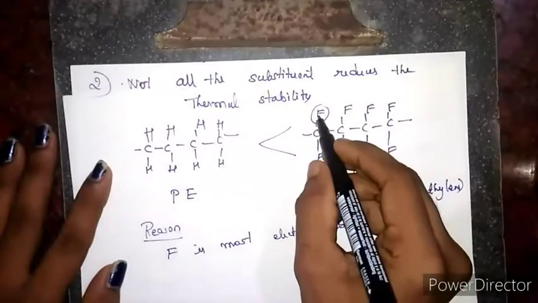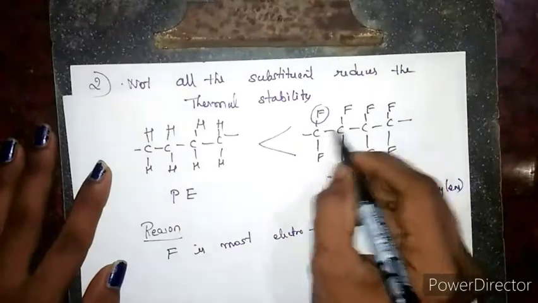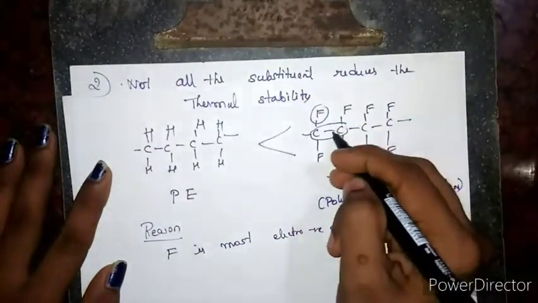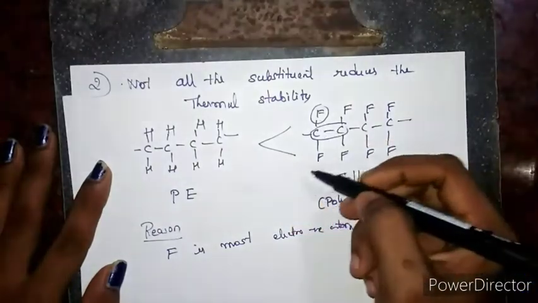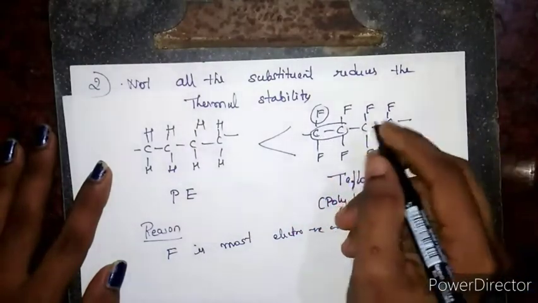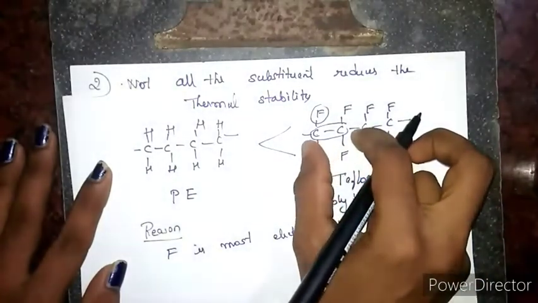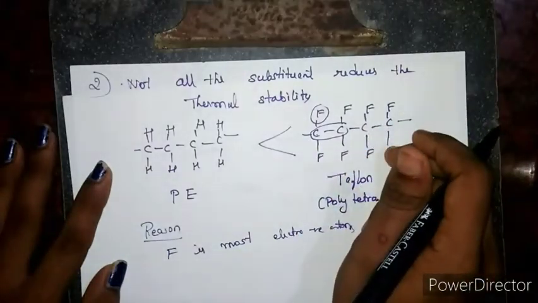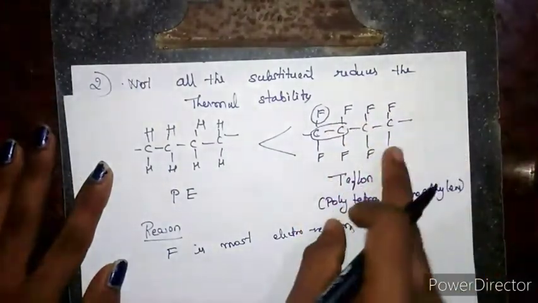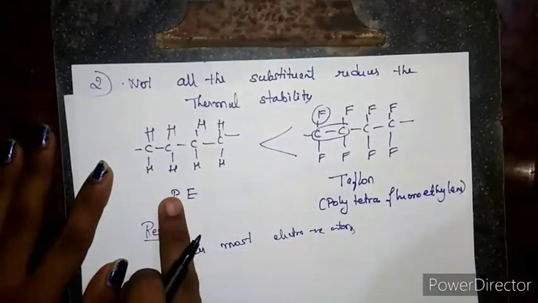As a result, what happened? The C-C bond strength becomes exceptionally stable. Since F is the most electronegative in nature, the C-C bond strength becomes greater. If the C-C bond strength becomes greater, what happens to the thermal stability? It definitely increases. The thermal stability of Teflon is more when you compare it to polyethylene.